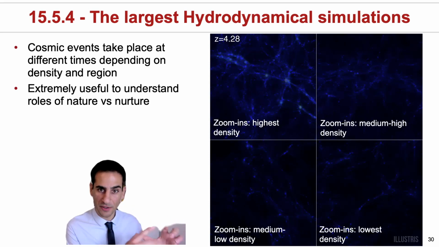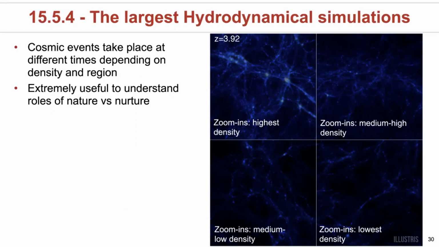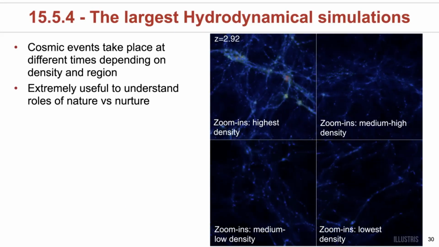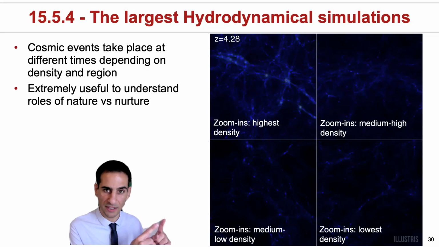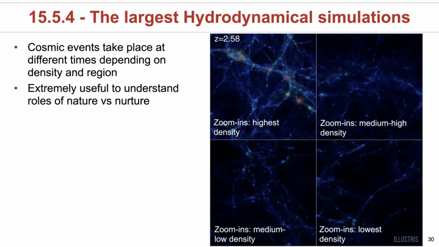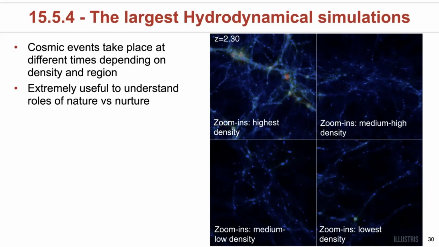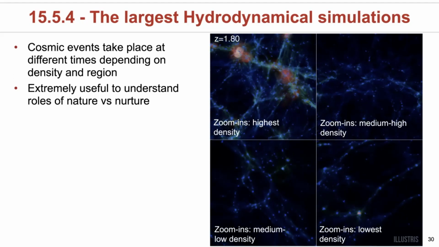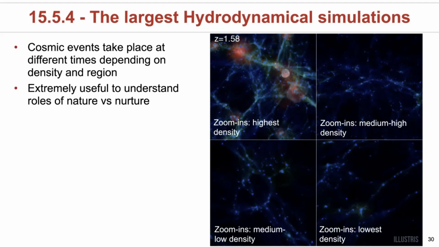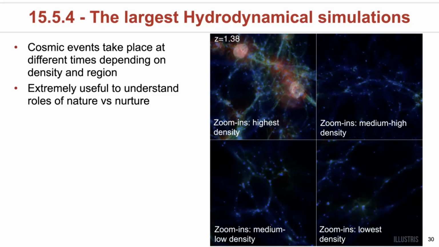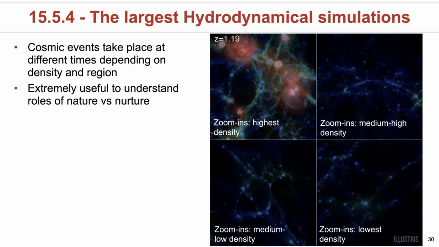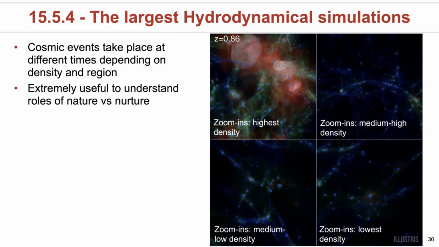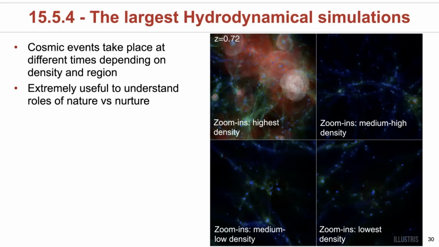Here you can see videos, zoom-ins from the same simulation of some of the highest density regions and the lowest density regions. And it's really crucial to see that all these things are done at the same time, but galaxies that are evolving in the highest densities and those that are evolving at the lowest densities have a different internal clock. Galaxies at high densities evolve very quickly because there's much gas, so there's many more supernova events, the black holes grow much quicker, and the gas around them gets hot very quickly, leading to them getting quenched at the end.